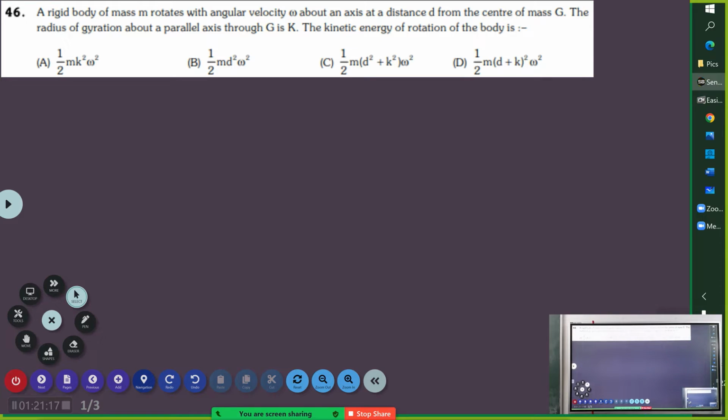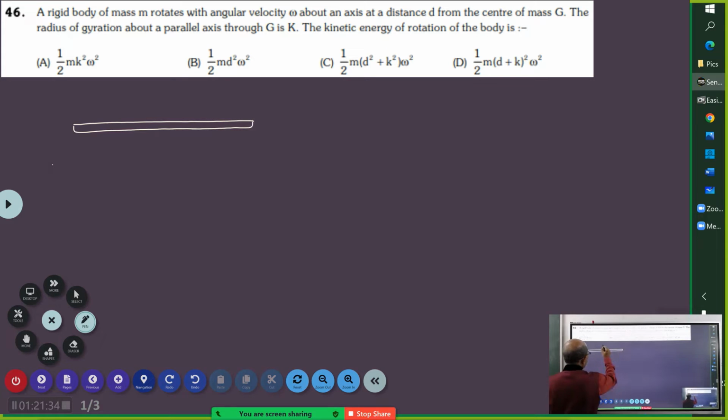So for that rigid body, you can just take a rod if you want. About the center, and they have told now consider the axis at a distance d from the center.